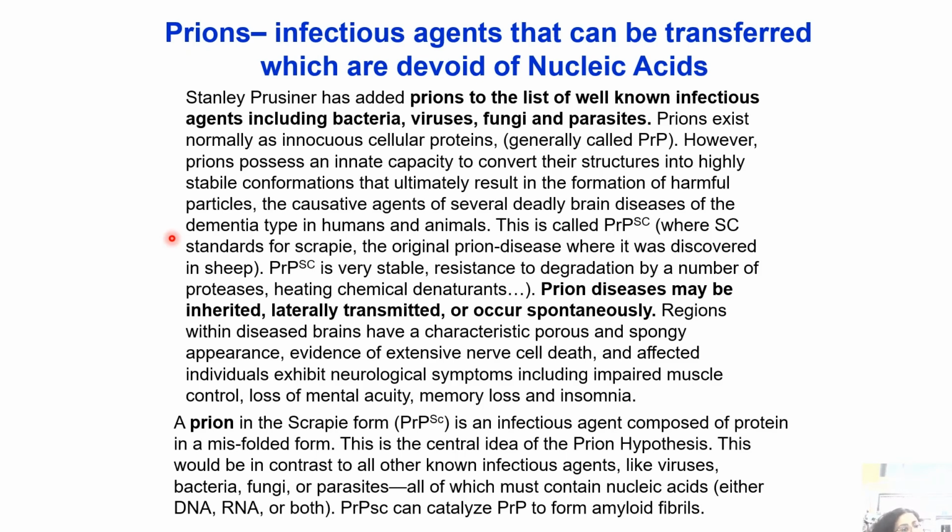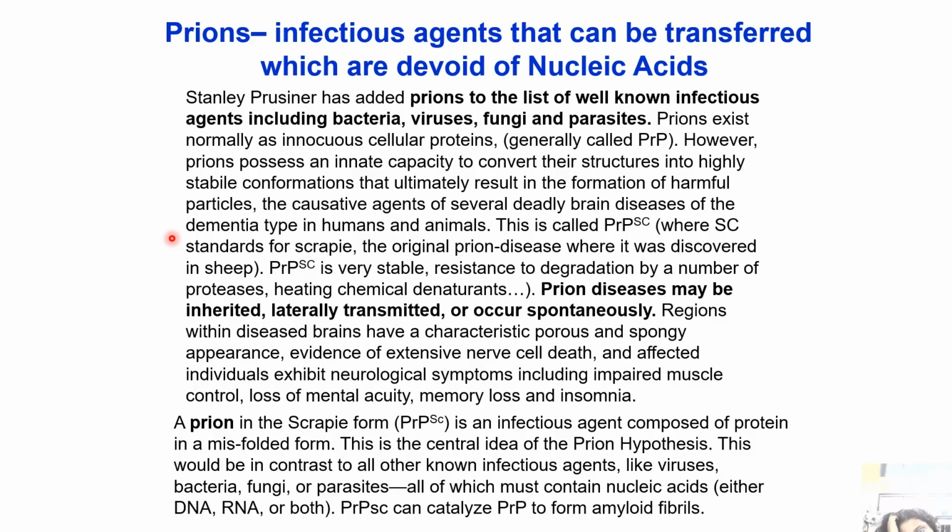Now, Stanley Prusiner has added prions to the list of well-known infectious agents, including bacteria, viruses, fungi, and parasites. Prions exist normally as innocuous cellular proteins. However, prions possess an innate capacity to convert their structures into highly stable formations that ultimately result in the formation of harmful particles, the causative agents of several deadly brain diseases of the dementia type in humans and animals.